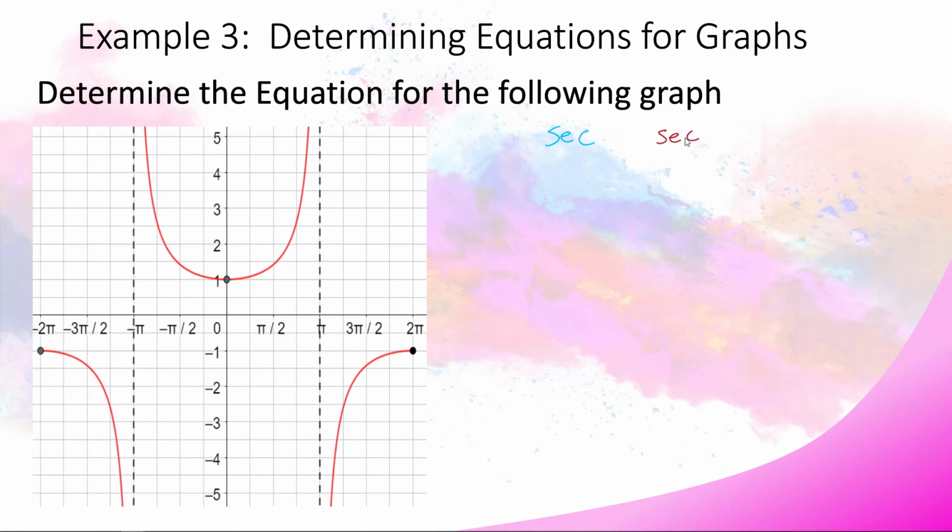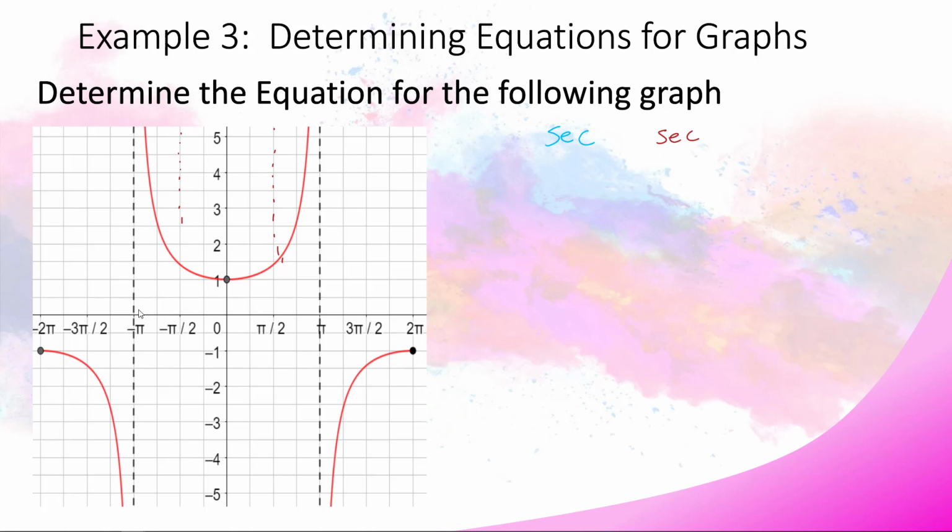Okay? Now, a secant function normally has asymptotes at negative pi over 2 and positive pi over 2. However, these have asymptotes of negative pi and pi. So what you can see is that we actually have a horizontal stretching going on.